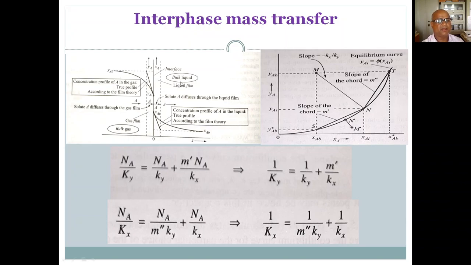So instead of gas liquid, we can say G phase and L phase, where G phase and L phase can be any two phases. Today we will solve three problems to get a better understanding of these overall mass transfer coefficients.